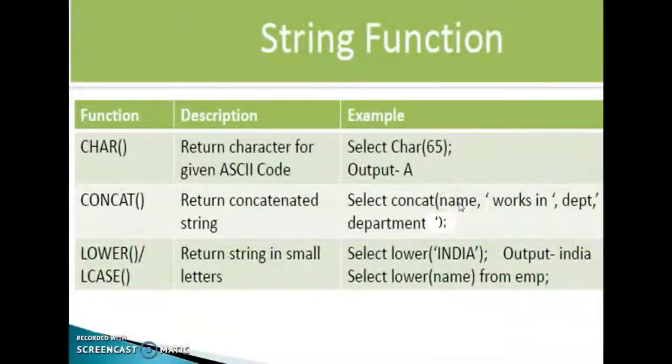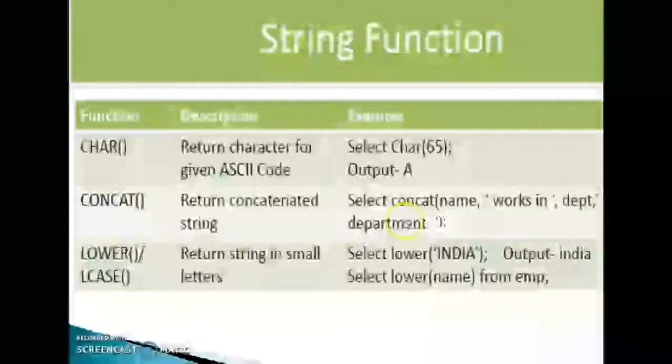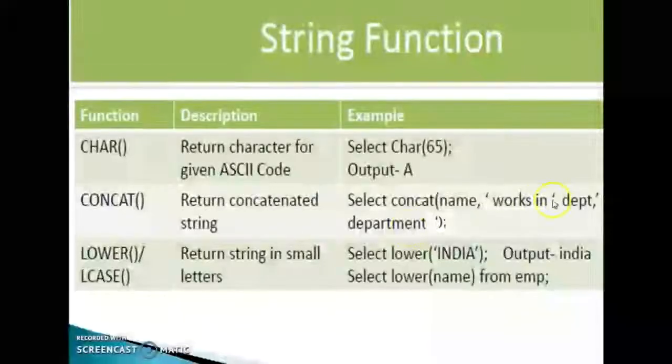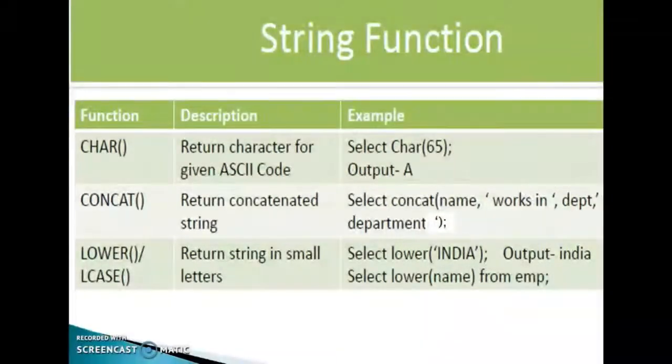So Anu is the name. Anu works in IT department. IT is the value it will take from this DPT field. Then department and works in are enclosed within single quotes, so these all are values. So the output will be: Anu works in IT department. That is this concat function.